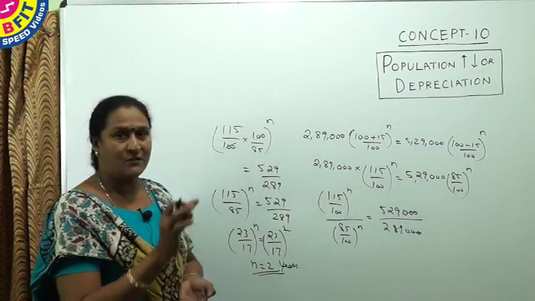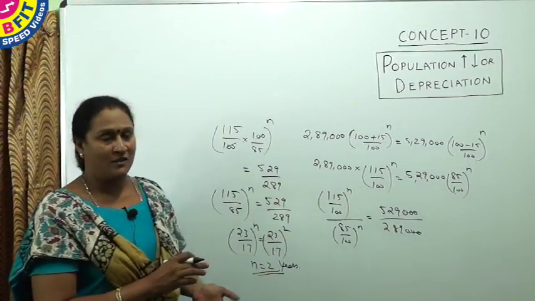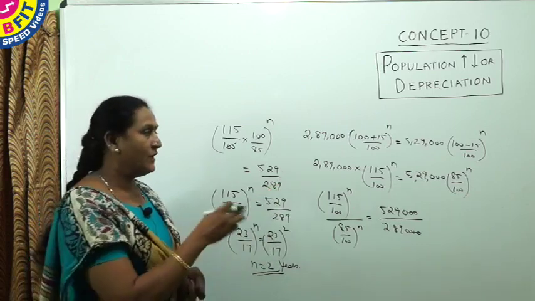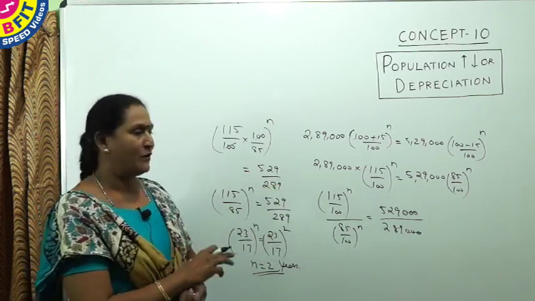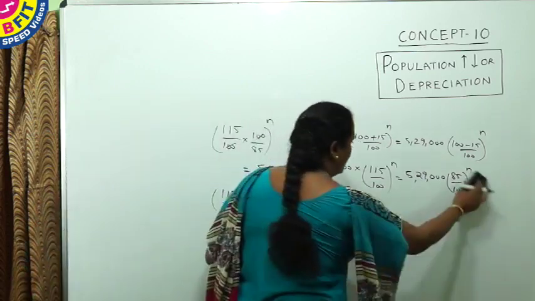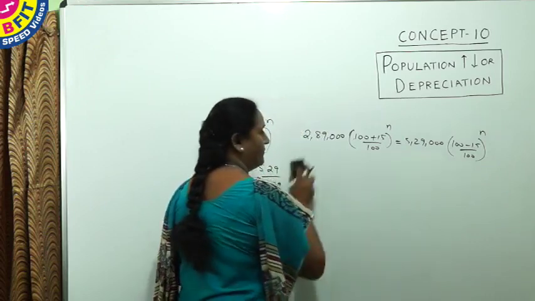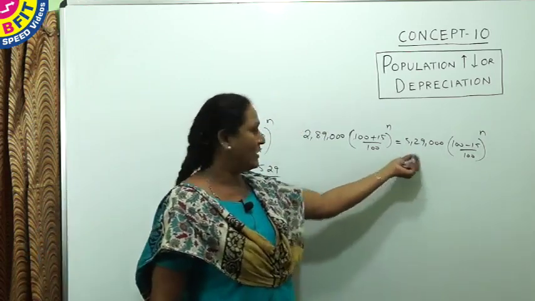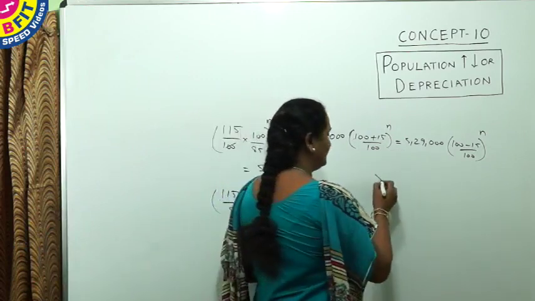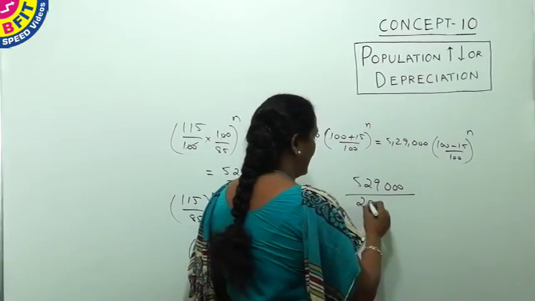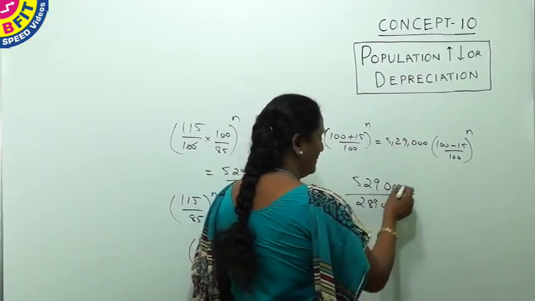Now for this question, instead of doing all these workings, with the values of the house and the land itself, we can decide the number of years. We divide the value of the house by the value of the land, so it is 529 by 289.